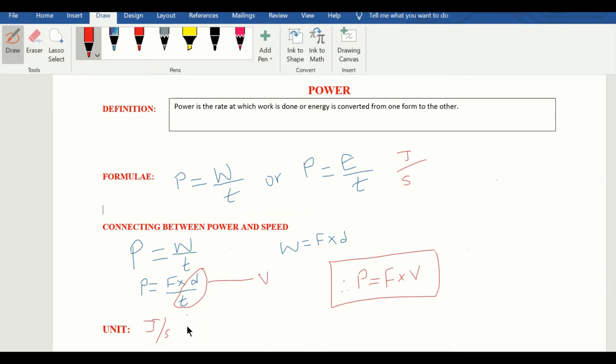Also, power can be in watts. So these are the units for power. It can either be in joules per second or in watts. We also have larger values for power, which can be in kilowatts or megawatts. So these are the formulas and the units for power.